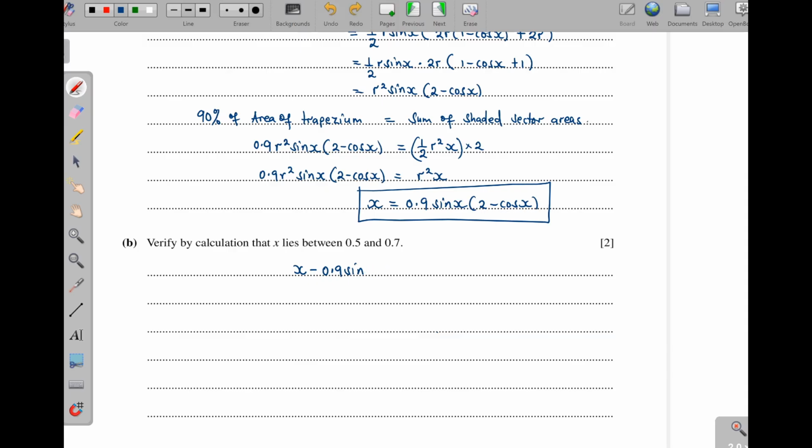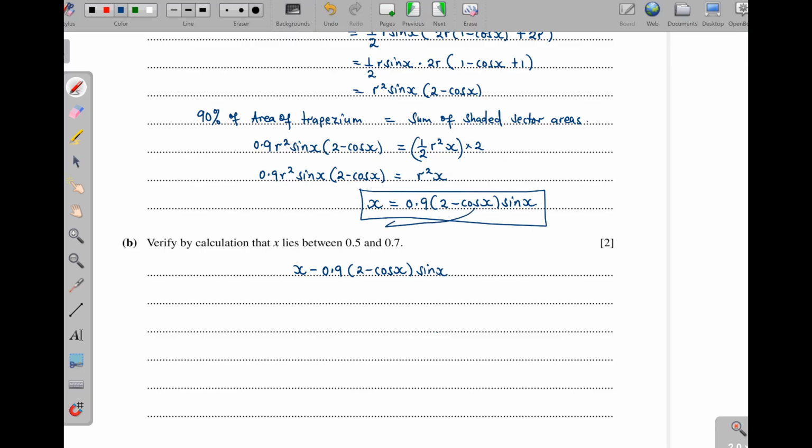Now, I'm also going to write it that way: 0.9, then we have 2 minus the cosine of x, then sine of x. In fact, let me also get this one done like that perfectly. So I'm going to put this one here, then this one, bring it back here, and then we write it systematically like that.